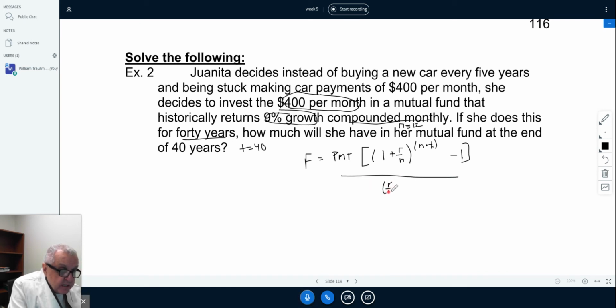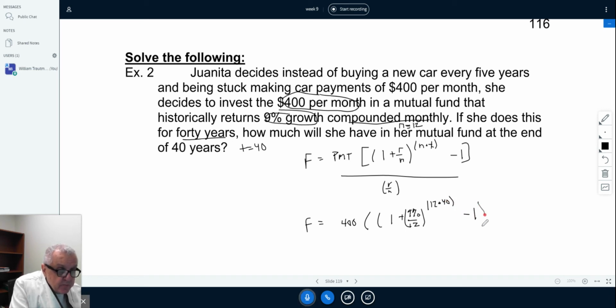R divided by N. Okay, so putting this in a calculator is no easy task. The payment is going to be $400 every month. It's 1 plus R, the interest rate is 9%, divided by N, which we already said was 12. Compounded monthly, that's 12 times a year. We're going to raise it to N times T, which is 12 times 40 years, minus 1.